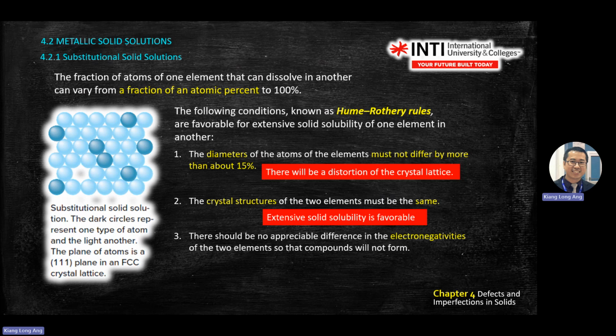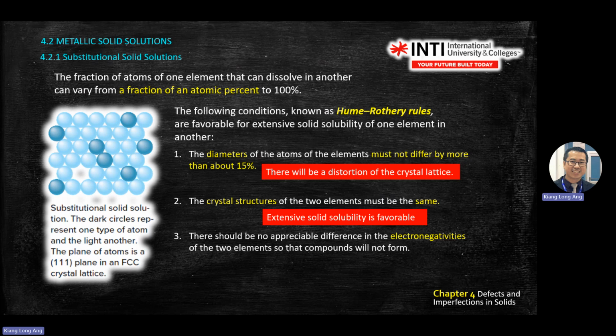The question can ask you in section 1 to explain what are the Hume-Rothery rules, so these are the 3 points expected from your answer. What is the rule? The diameter of atoms cannot differ by more than 15%, meaning the diameter cannot be bigger or smaller than 15%. This is for dissolving in another one.